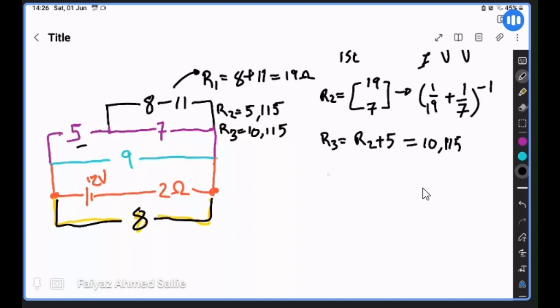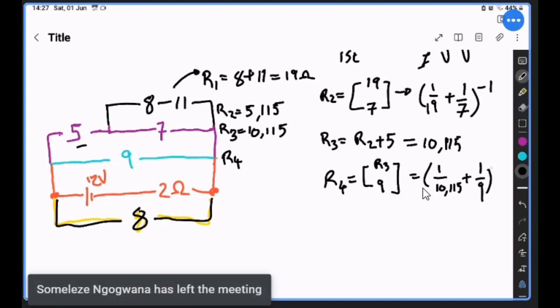So next is going to be R4, and R4 is equal to, so on top we have R3, and at the bottom we have 9. So then we have 1 over 10 comma 115 plus 1 over 9 to the power of minus 1.